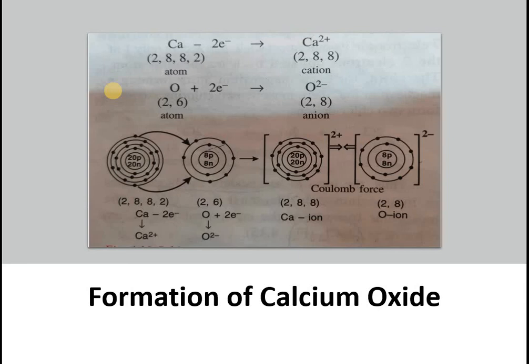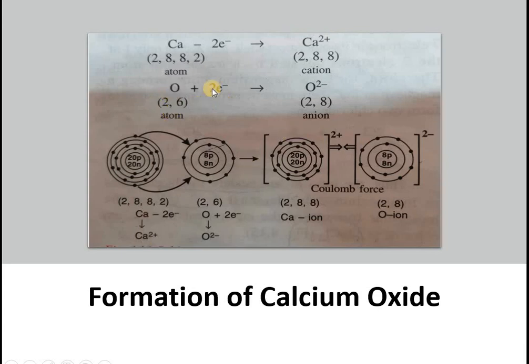Now take the case of calcium oxide. Calcium has the electronic configuration 2,8,8,2. Once it loses electrons, it acquires the structure of argon, 2,8,8. Oxygen has the electronic configuration 2,6.